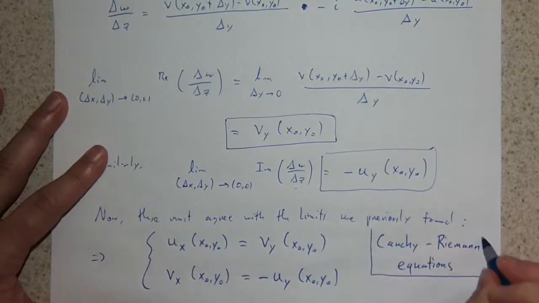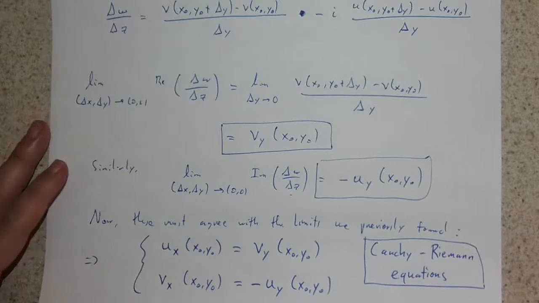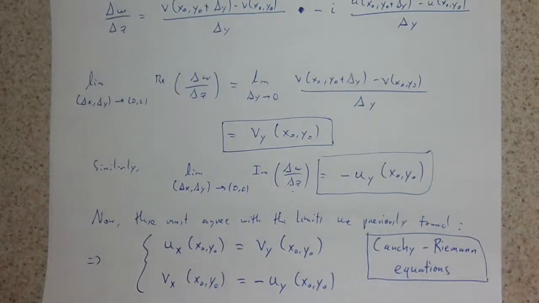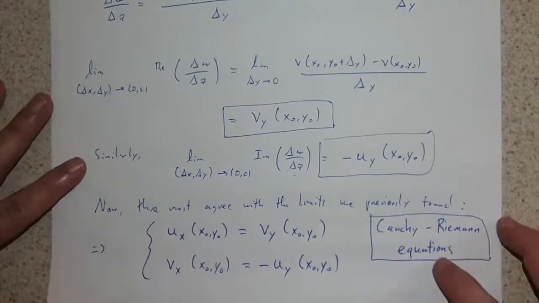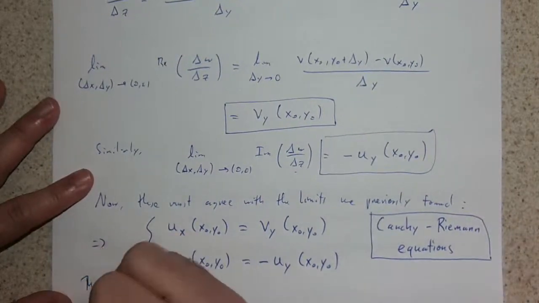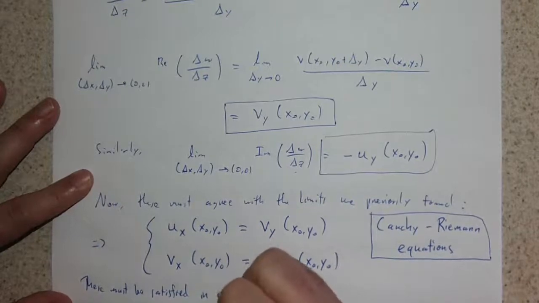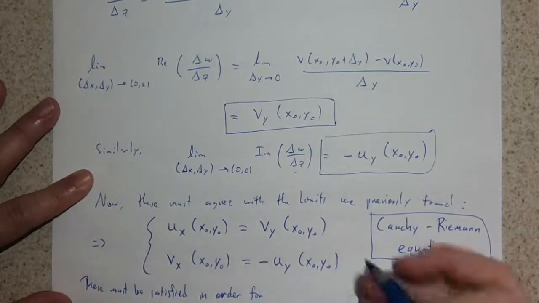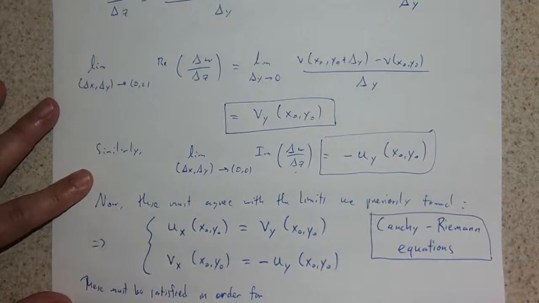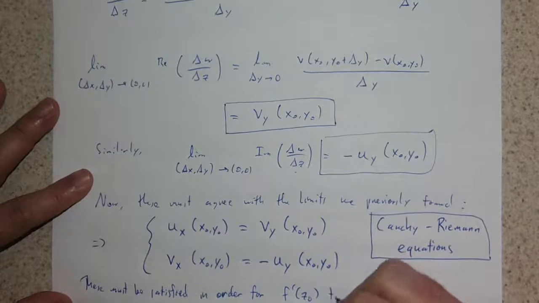And what we have just shown is that these Cauchy-Riemann equations must be satisfied in order for f prime of z naught to exist.